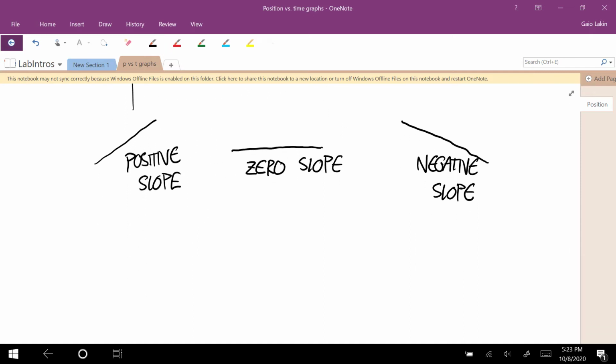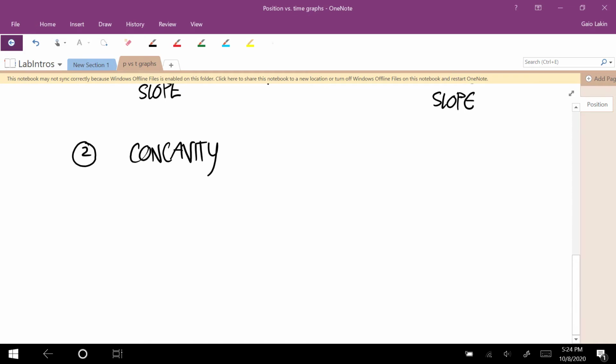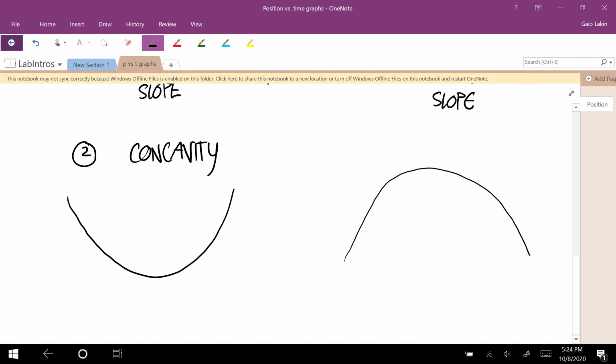Okay, so now let's talk about concavity. In what way the graph is concave, that's what we're talking about here. Any graph that isn't a straight line has to be part of either a shape like this or part of a shape like this, okay?